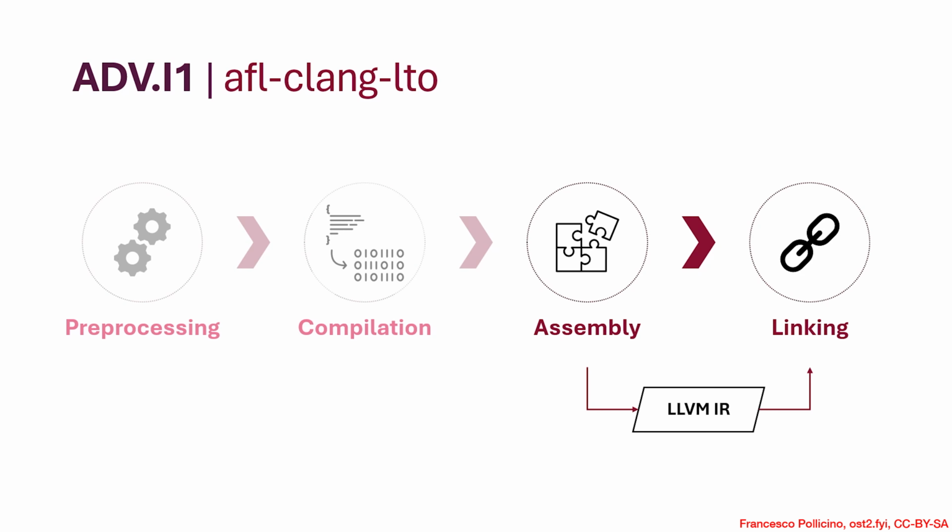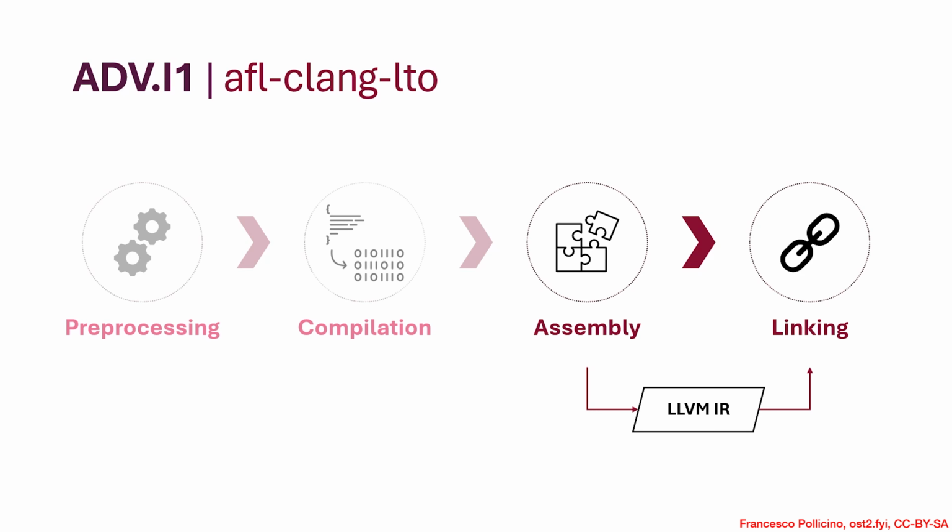Now, if we look at LTO, we can see that before the linking stage, we also generate an intermediate representation. In normal compilation, each source file is compiled into an object file on its own, like we said, a .o or .obj file. But with LTO, instead of just generating machine code, the compiler also creates an intermediate representation of the code.